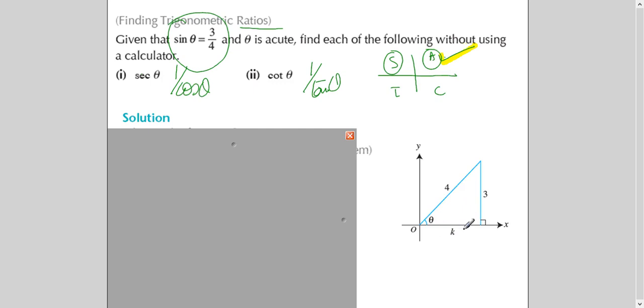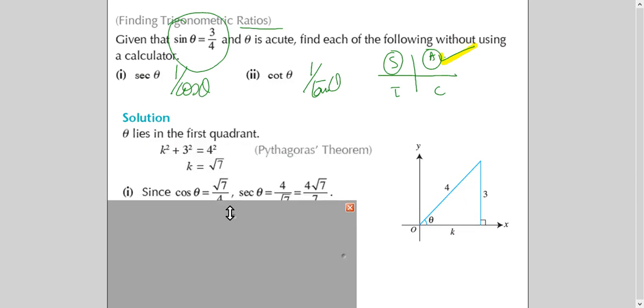And with the help of Pythagoras theorem, I can find out k. k is root 7. We usually write the exact answer. Now, if this is root 7 and my cos is adjacent over hypotenuse, which means root 7 upon 4, then my sec will be its reciprocal, which is 4 over root 7, which is written here.